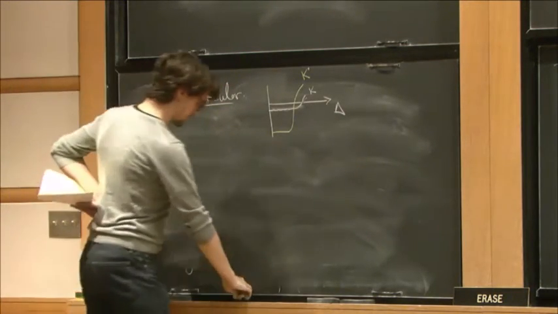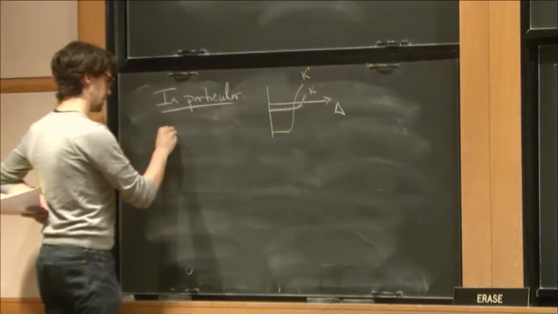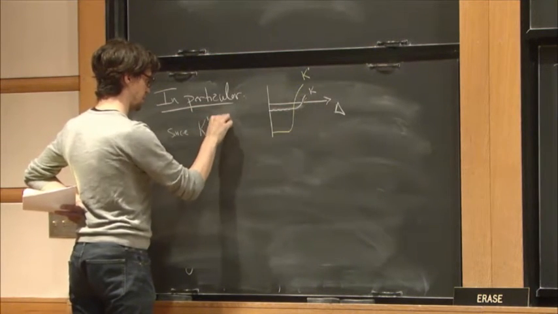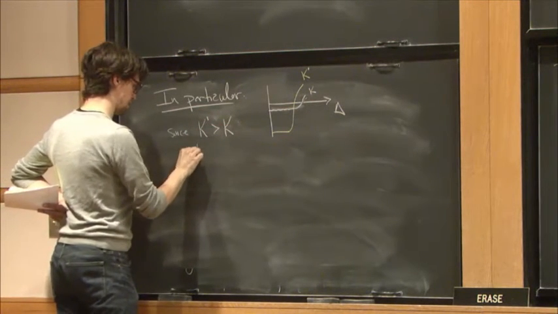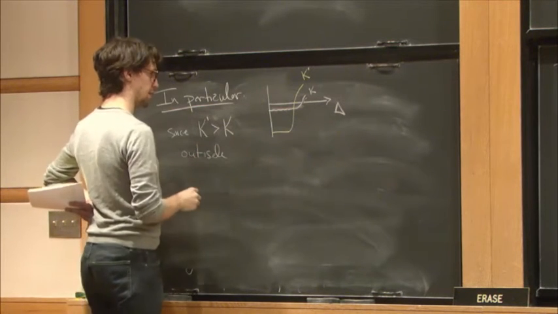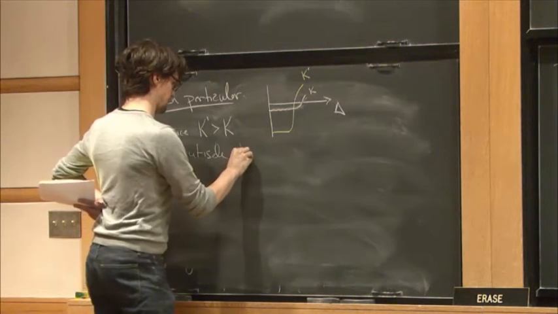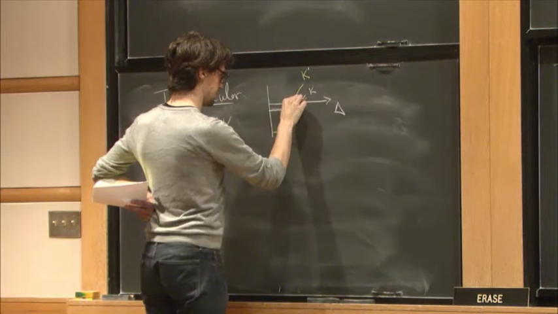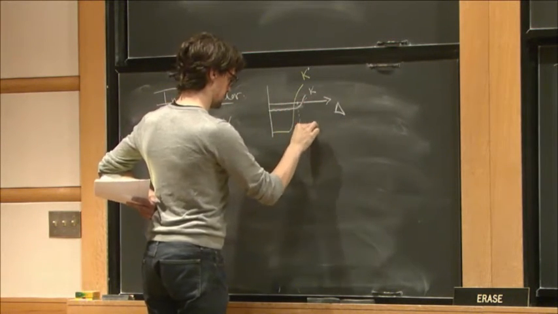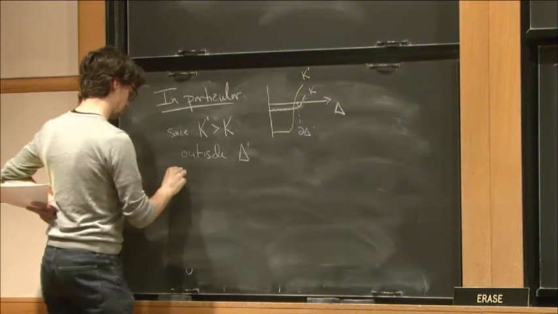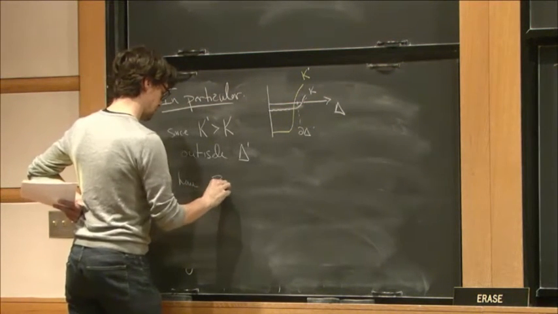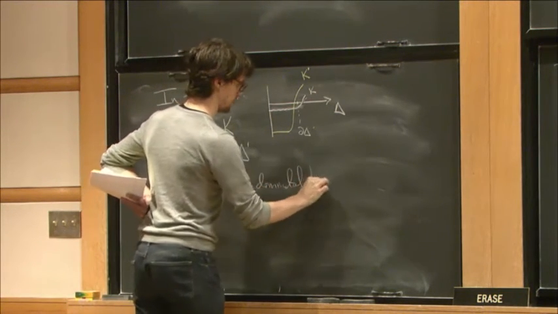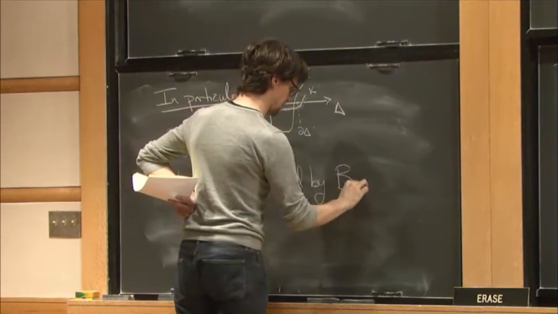There's not domination, but since K prime is greater than K outside this delta prime, you have that BK is dominated by BK prime.